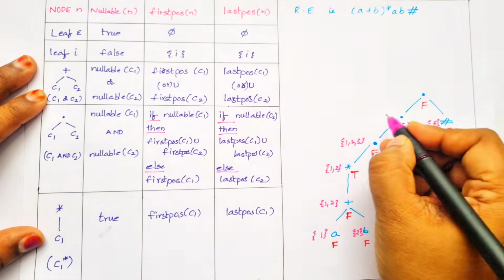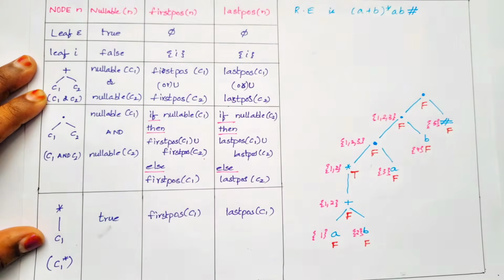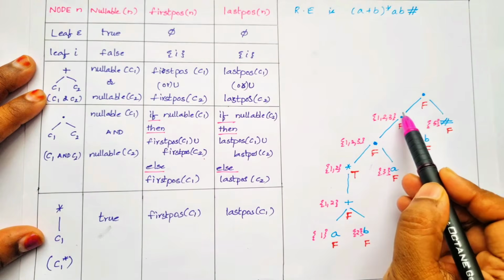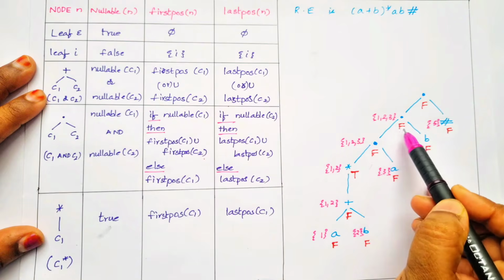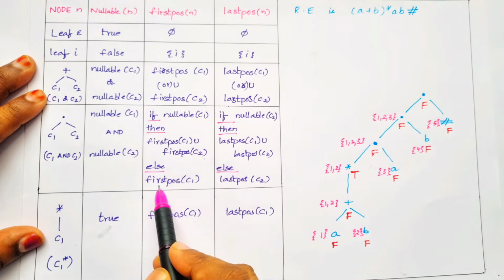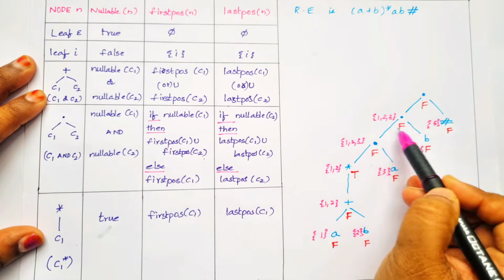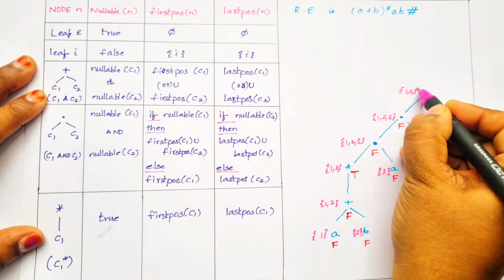Here 1, 2, 3. Take that one. Come to this dot. You have to check nullable of C1. What is nullable of C1 here? False. Then you have to go for the else part, that is first position of C1. What is first position of C1? 1, 2, 3.